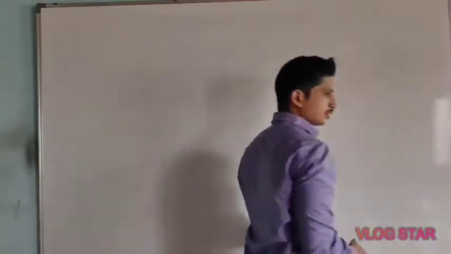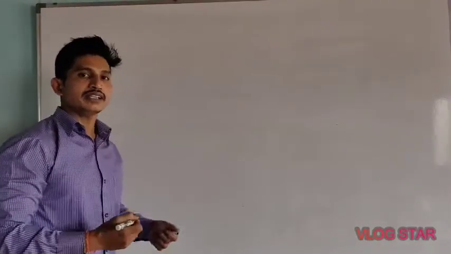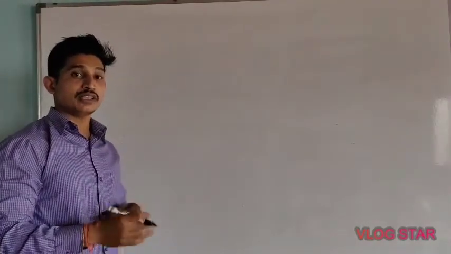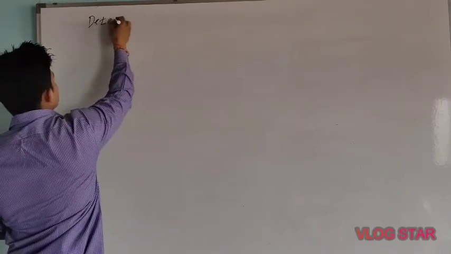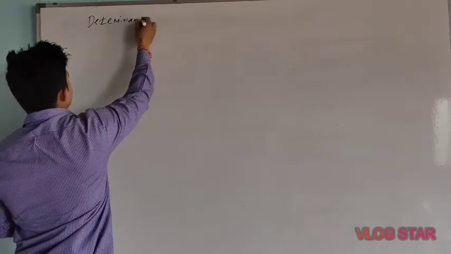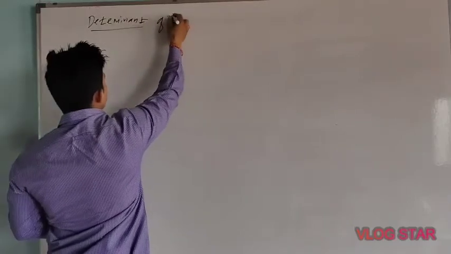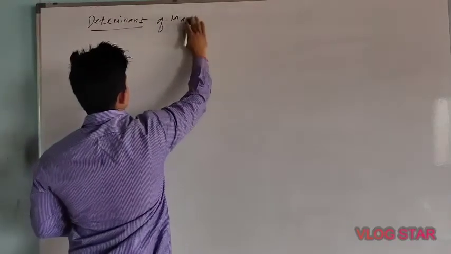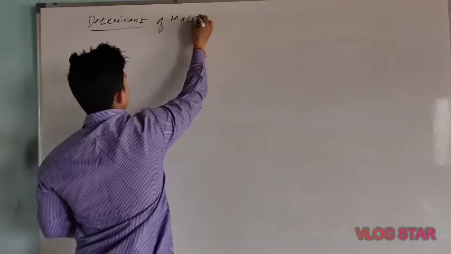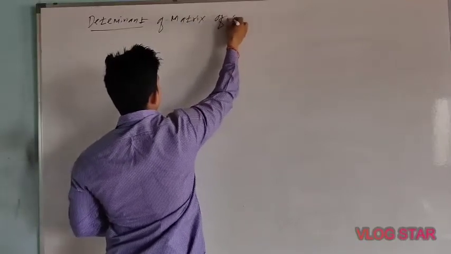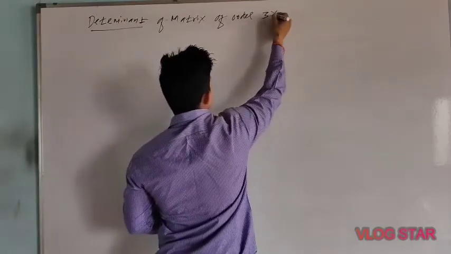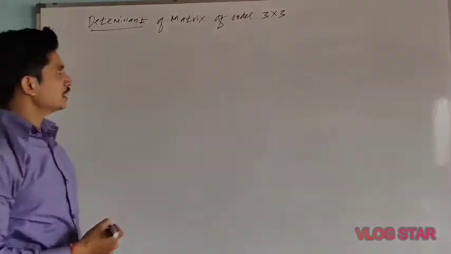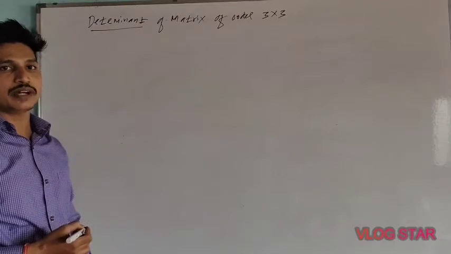Now see here how to find the value of matrix of order 3 cross 3. Okay, so determinant of matrix of order 3 cross 3. So when there is a 3 cross 3 order, how to find the value?